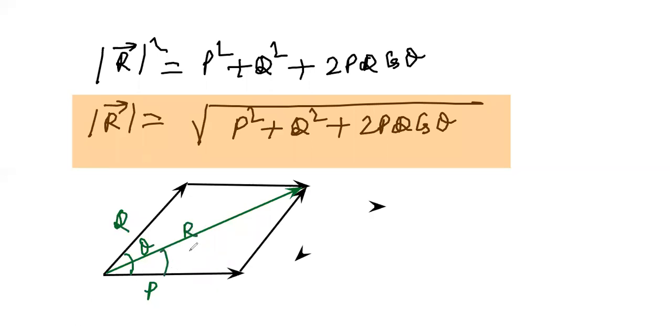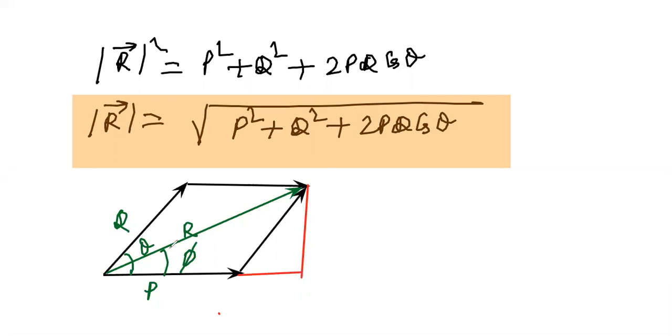And suppose the resultant makes an angle of phi with the direction of P. So the resultant makes an angle phi with the direction of P. Another thing, we have already seen that we have dropped a perpendicular from here. This is the perpendicular we have dropped from here.